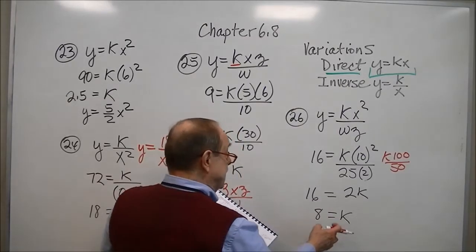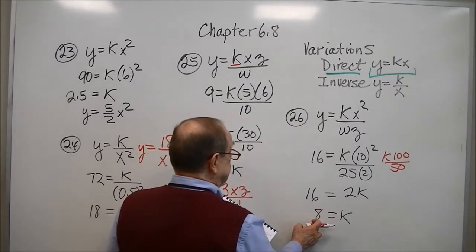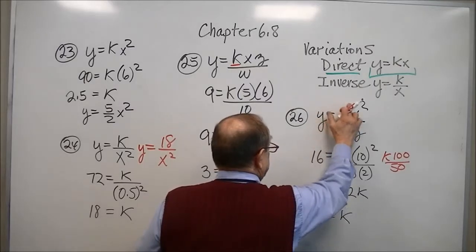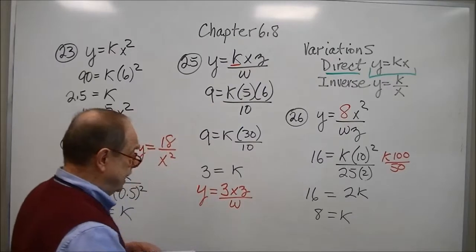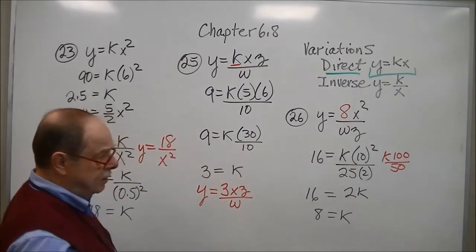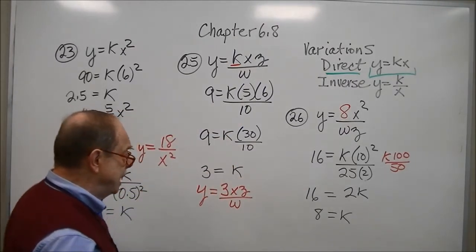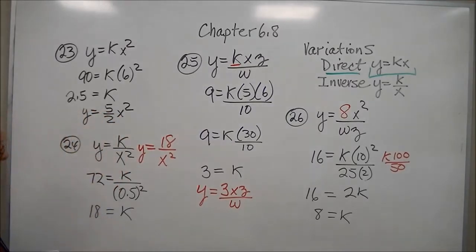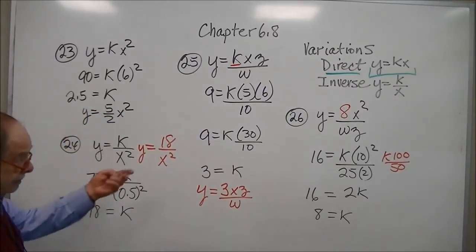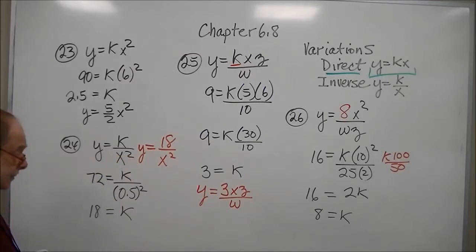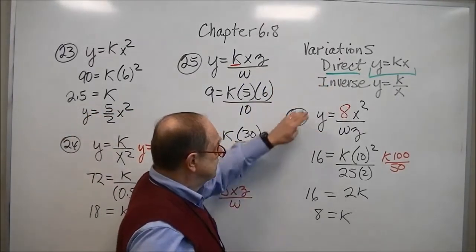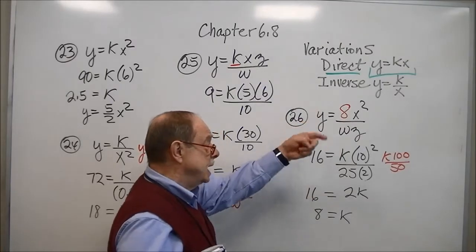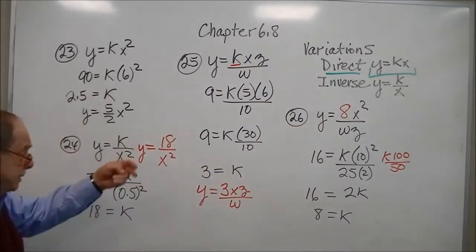Let me say that again. K is 8. So over here, all we do is we put an 8 in there, and then there's your answer. And that's how you got it. So again, slowly reading the problem, carefully substituting values, and you know, the work is not that difficult, but you need to know the rules. The key is, if it's direct, y equals kx, inverse, y equals k over x. And then follow through.